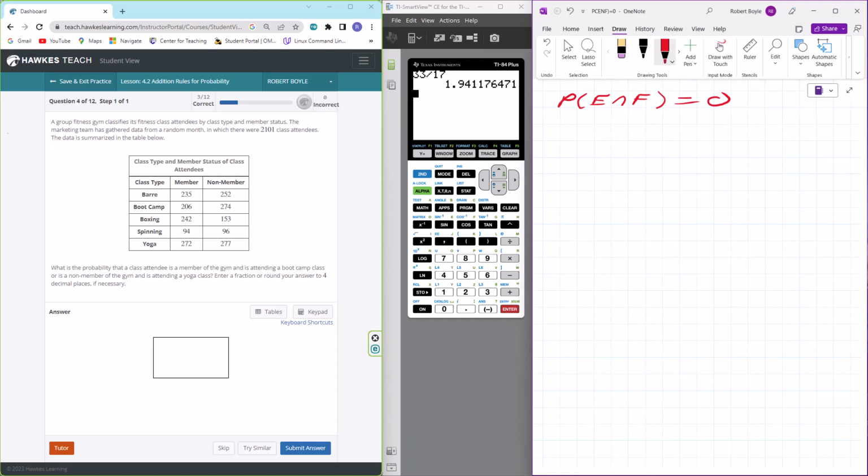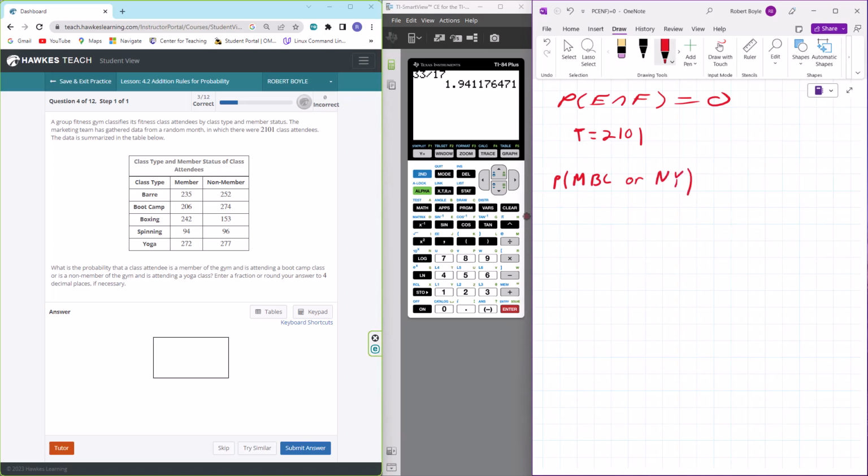2,101 class attendees. That's basically telling you that the size of the sample space is equal to 2,101. What is the probability of a class attendee being a member of the gym and attending bar class, or a non-member attending yoga class?